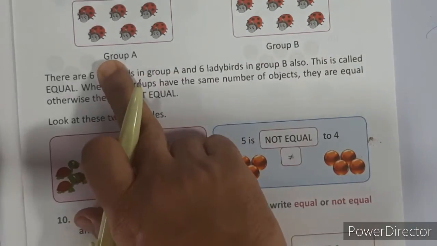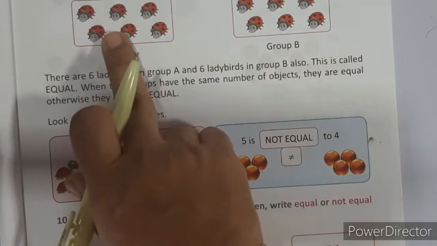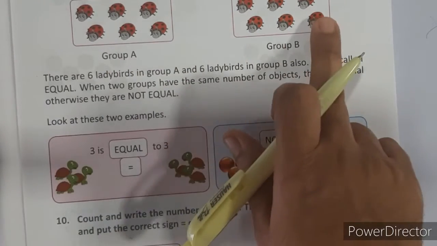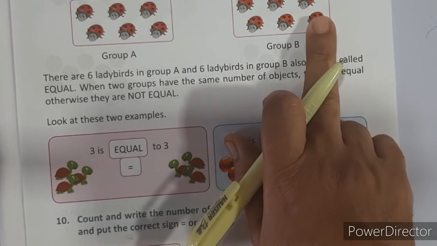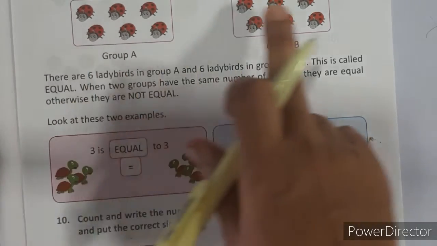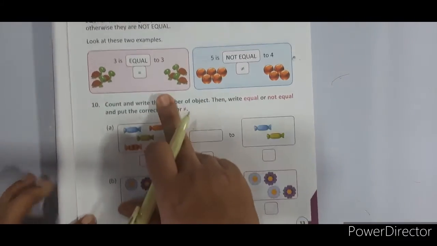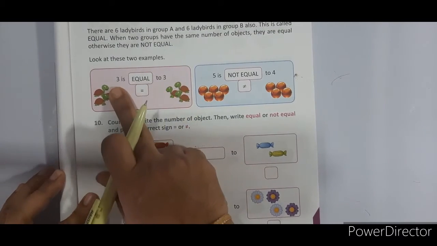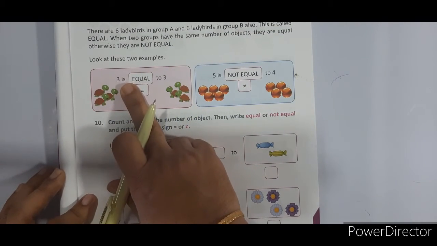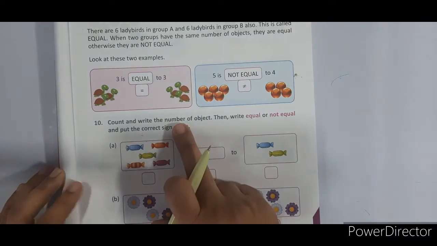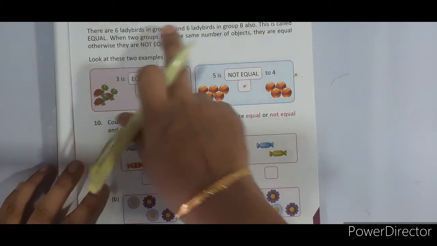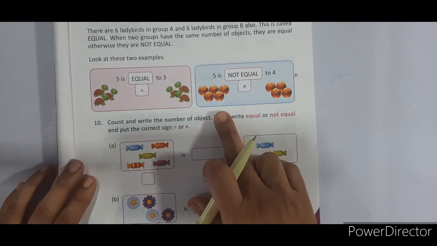So group A and group B both have 6 ladybirds each. That means group A is equal to group B. In this exercise we will just observe whether the groups have an equal number or not.